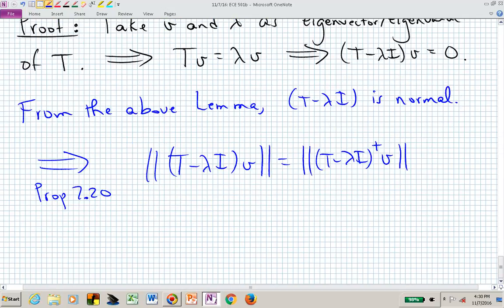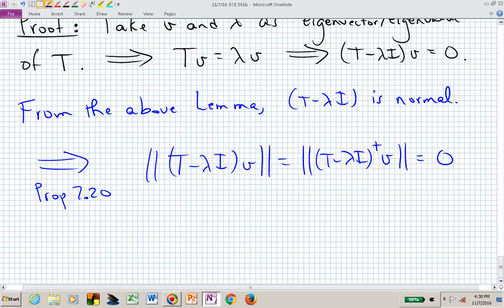But what do we know about T minus lambda I times V if lambda is an eigenvalue and V is an eigenvector? In the top right-hand corner of the screen, we know that that's 0. So this is, in fact, the norm of a 0 vector, which is 0.